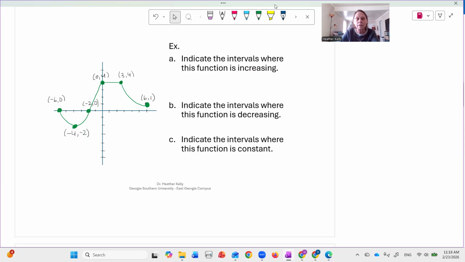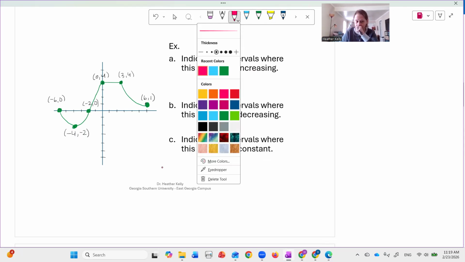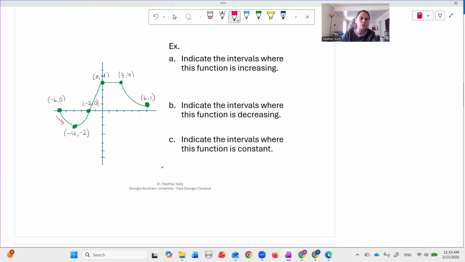Okay. So let's kind of break up these areas of decreasing and increasing and constant. So we can see starting right here, this graph, if we're looking from left to right, that's the key. When you're looking from left to right, it's kind of going downhill, right? And it goes downhill until we get to X is equal to -4. Remember, X values only.